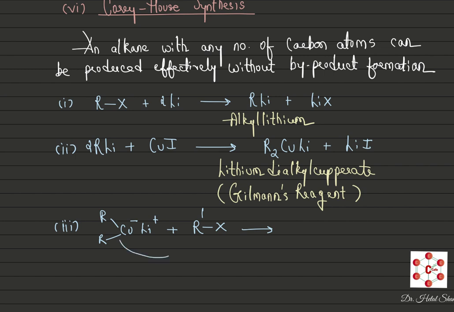The R and R' combine here, and X would go out as X minus. So first of all, you will get R-R', two different alkyl groups connected, plus 1 R stays with Cu, and Li plus and X minus would form. This is the alkane formed.